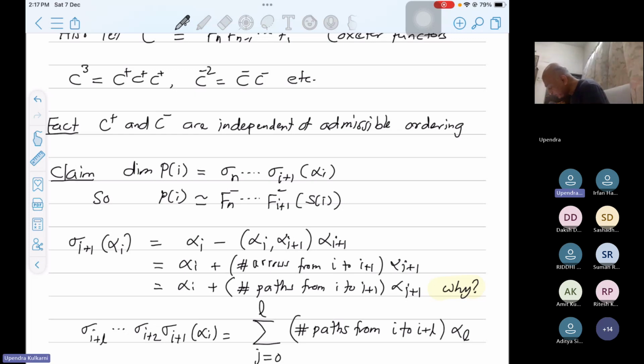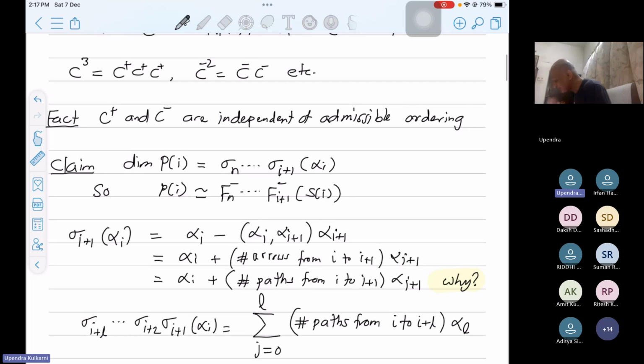I claim that when I do this, I get the exact same result, which is for every vertex, sorry, i plus j. Okay, so notice what is written over here.